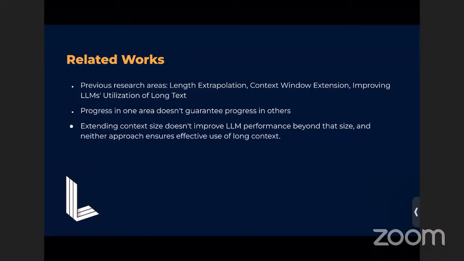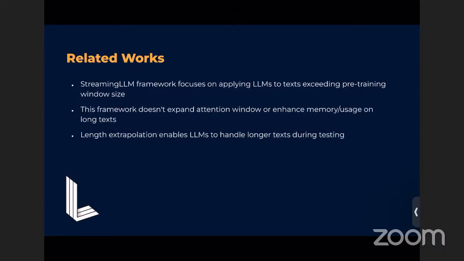And one approach which uses relative position encoding was tested in RoPE, or Rotary Position Embeddings, that transforms queries and keys in attention layers for relative position integration. So this helps LLMs understand the position of words in a sentence. However, this method doesn't work well when the text is much longer than the model was trained on.